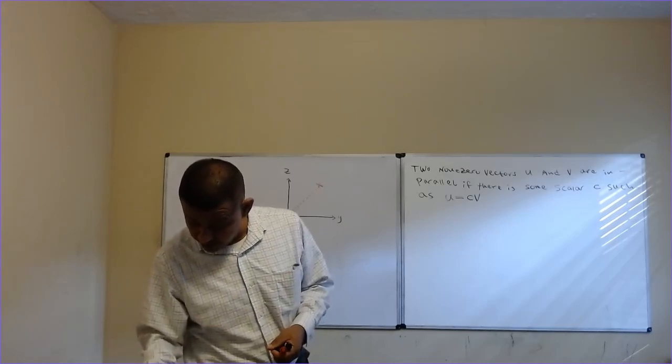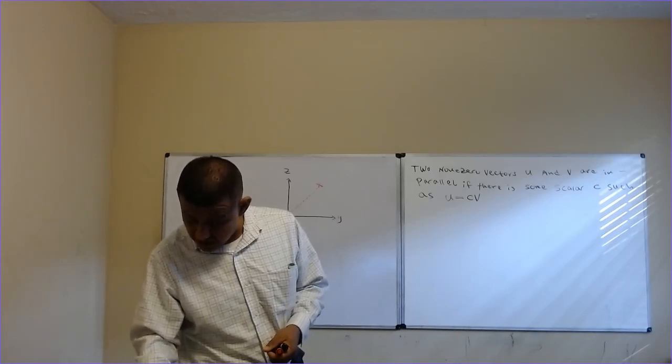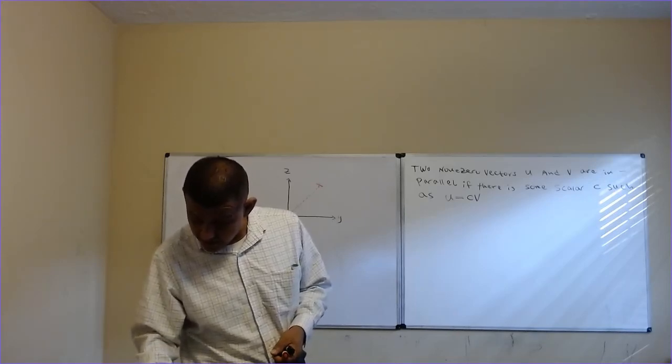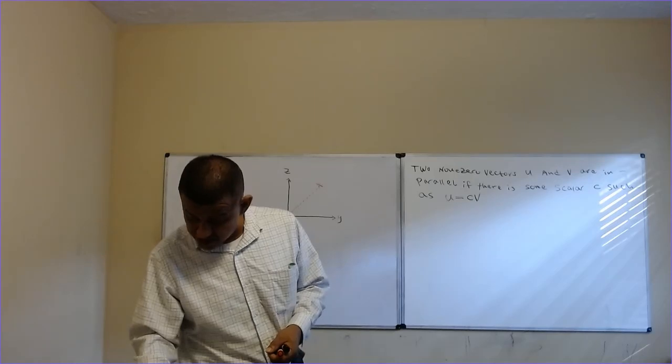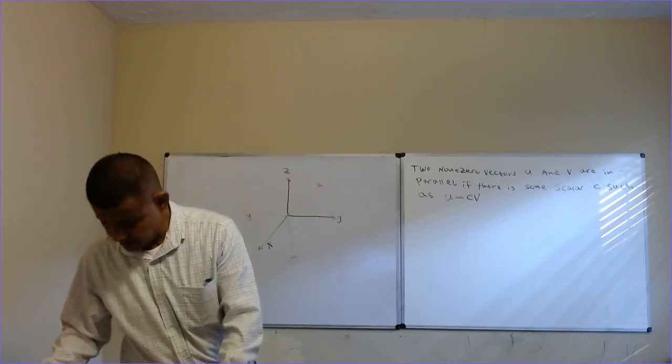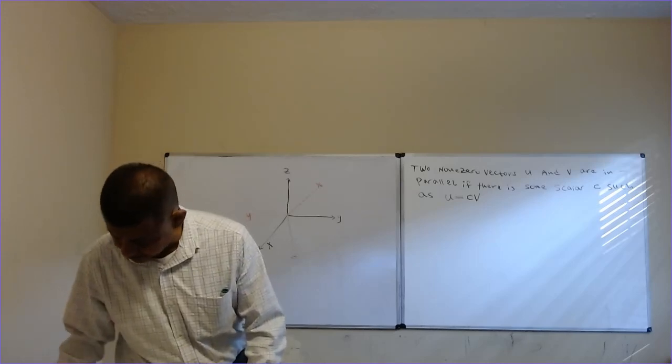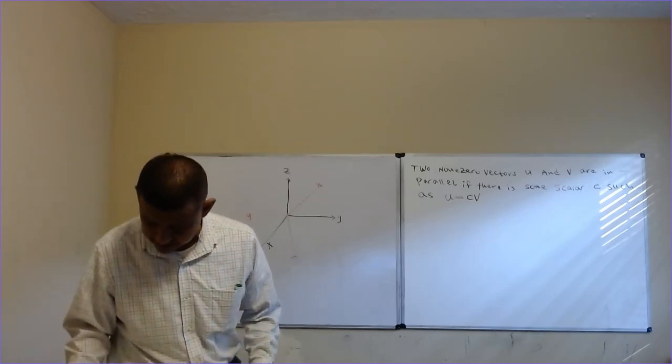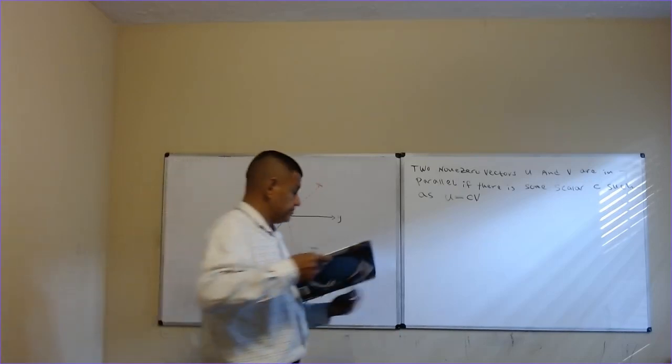So, for example, vector U is initial, right? Let's read it down as the book states it. That way it makes a lot of sense, right?